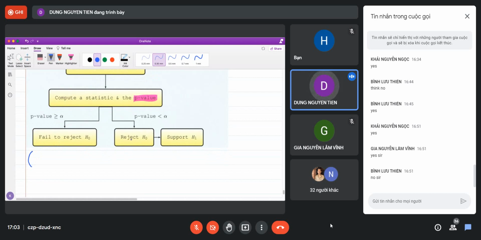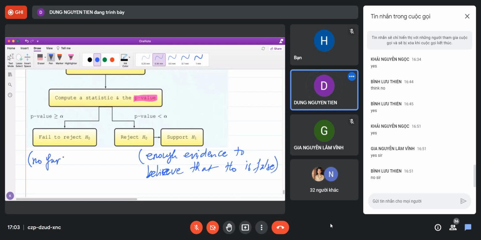If you say that you reject the null hypothesis, then we think that we have enough evidence to believe that H0 is false. Okay? But for this, you cannot say anything. No further conclusion.